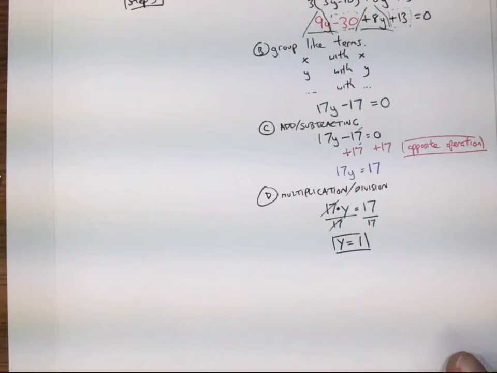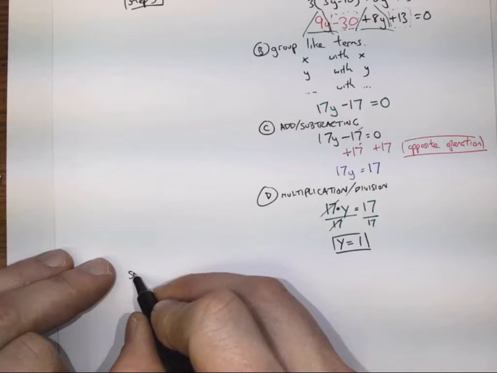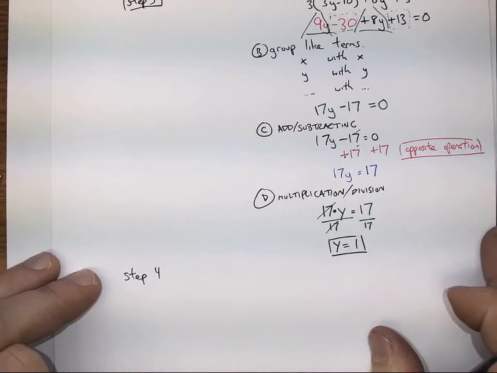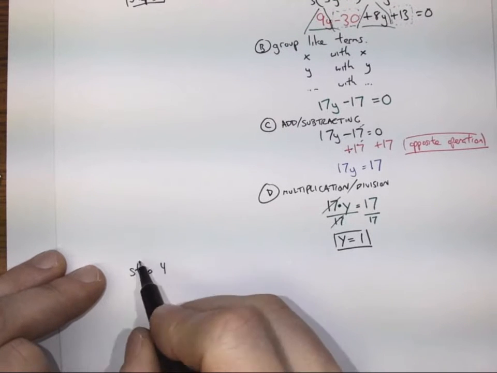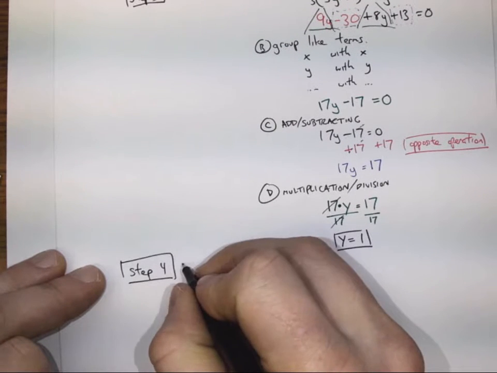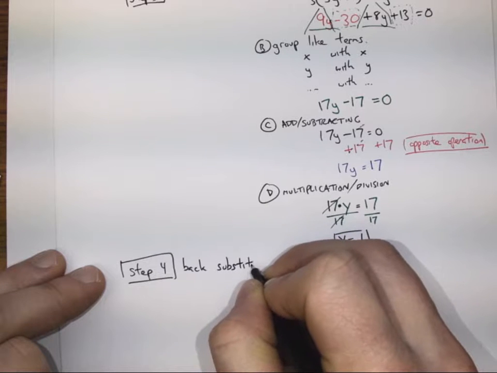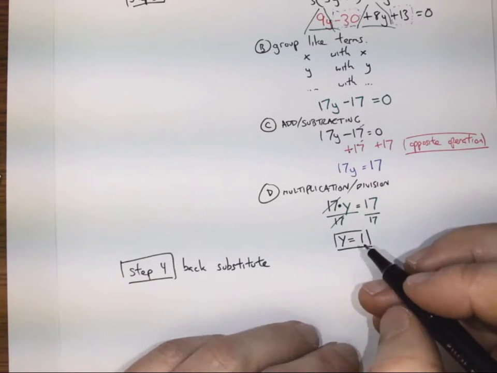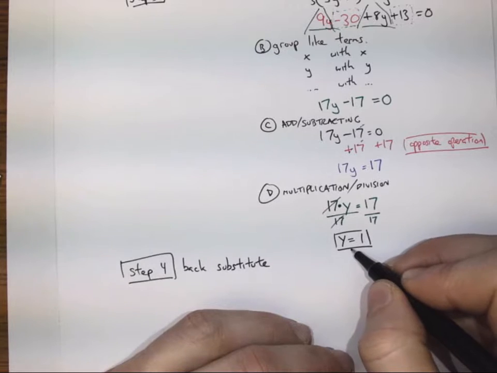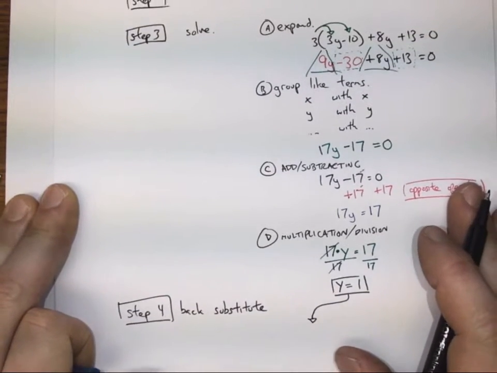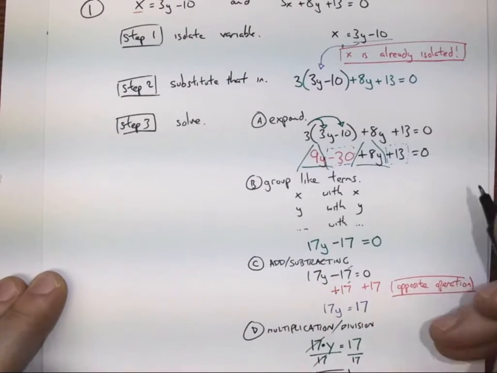All right. Now we're going to do step 4. We did step 3, which was solve for a variable. Now step 4, we are going to back substitute. So that means we're going to take this y is equal to 1, and we're going to plug it back in to the isolated equation from before.